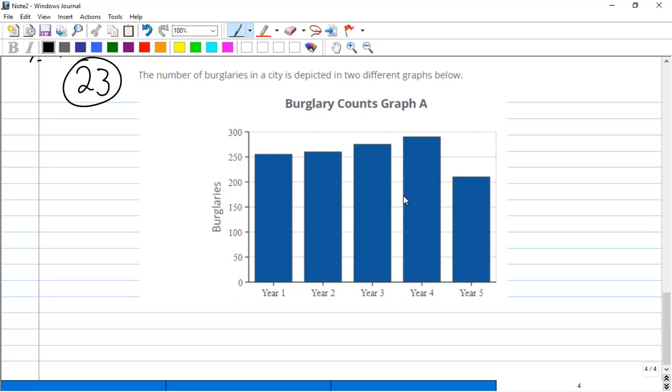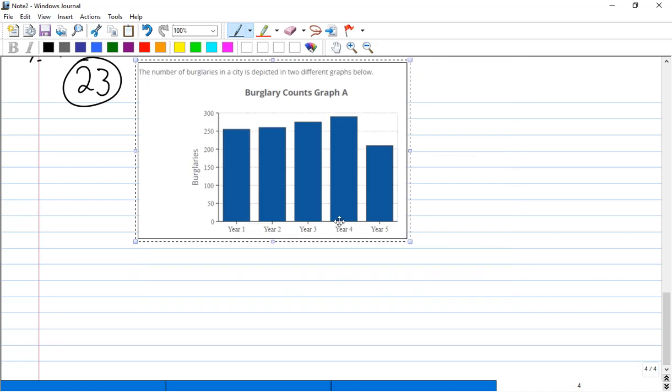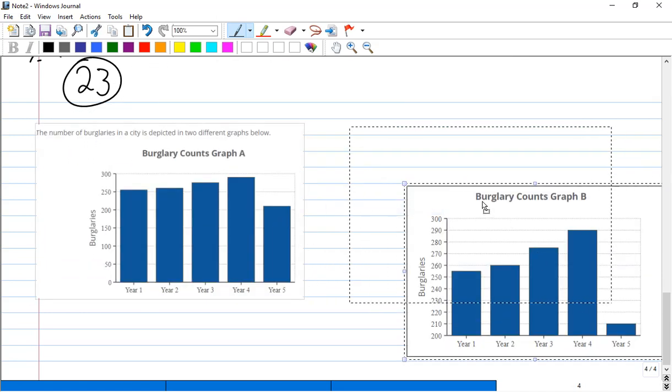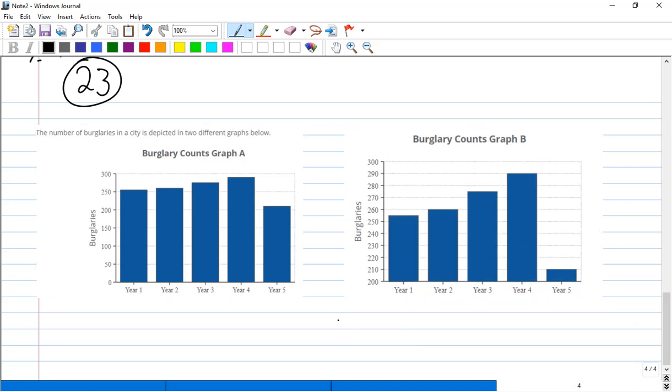So there's graph A. Maybe I can fit both of these on one page. And here's graph B. And it says, how many times more burglaries were there actually in year 4 compared to year 1? How many times more burglaries?